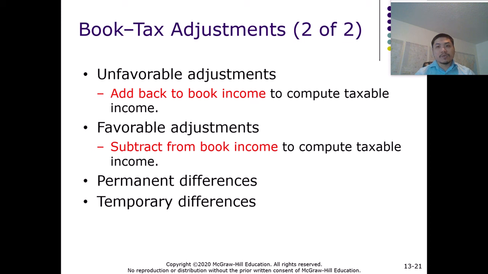For book purposes, you have to include that in income. But for tax purposes, since municipal bond interest income is not taxable, you have to subtract it from financial income to calculate taxable income. So the municipal bond is an example of a permanent favorable adjustment.